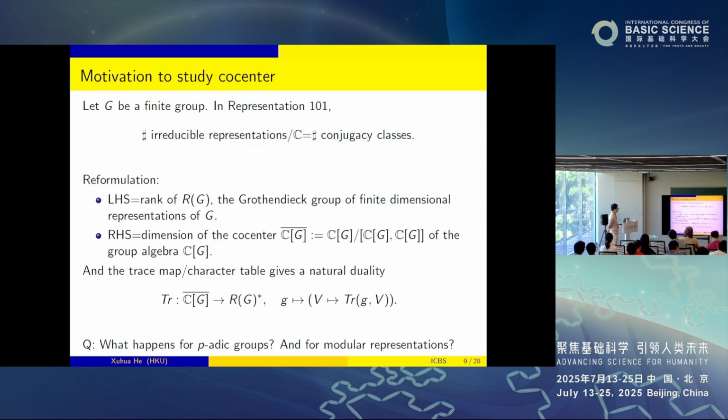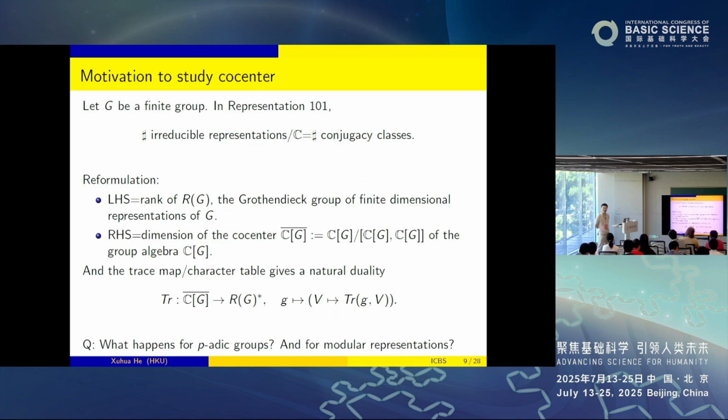And well, we can reformulate this in a different way. The left-hand side is the rank of the Grothendieck group of finite-dimensional representations. And on the right-hand side, the number of conjugacy classes is equal to the dimension of the cocenter.